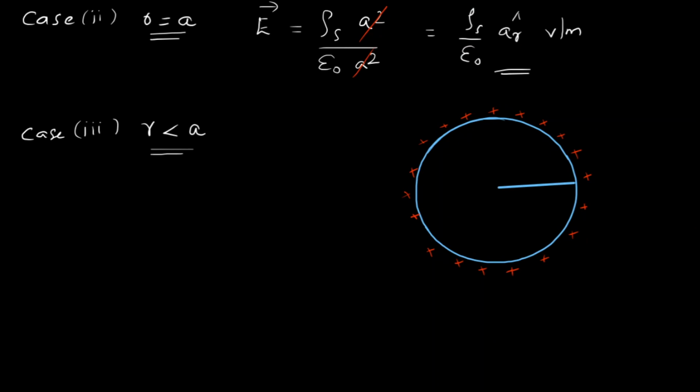So the radius of this shell remains the same, that is A. Then I will have a point P inside this spherical shell. It is a hollow sphere, inside you don't have anything, so I can easily locate a point P there, and I have to consider a Gaussian sphere which is passing through this point P, whose radius is R.